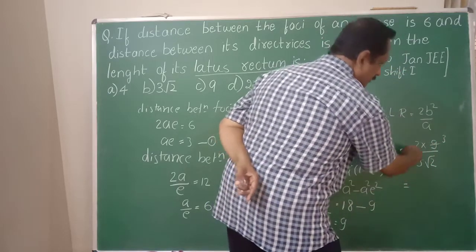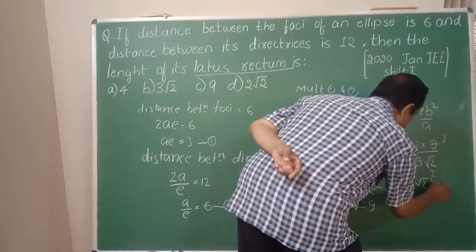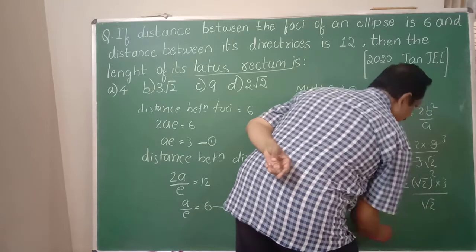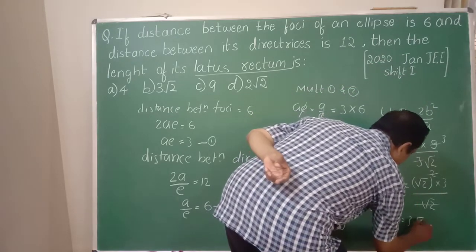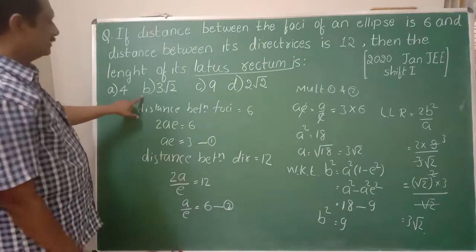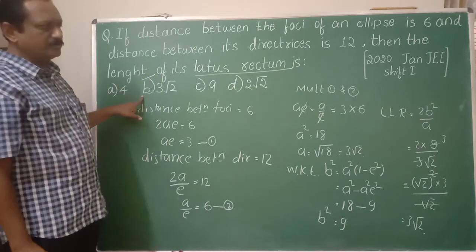This 2 can be written as root 2 square. Root 2 square into 3 divided by root 2 here. Therefore root 2 cancels. So 3 root 2 is the answer here. So 3 root 2 is the correct option. The length of the latus rectum is 3 root 2 here.